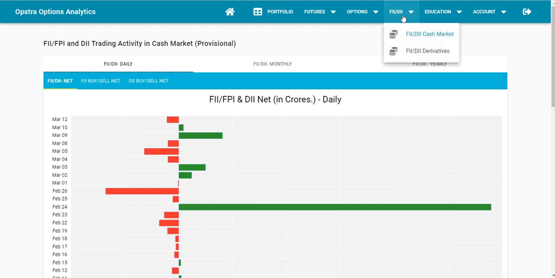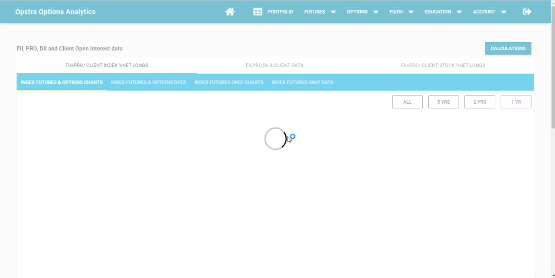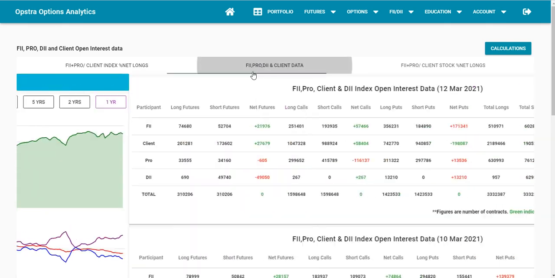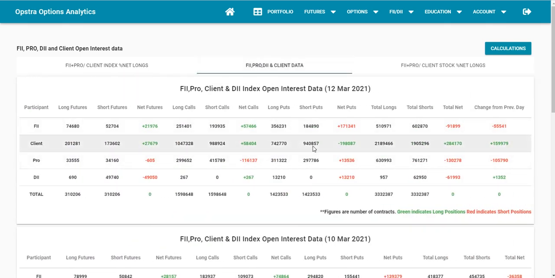I don't have the scope to discuss how the positions are built up for FII and DII with derivatives and how they relate to the cash market, but let us say when they make a position, it's very likely that they will make it first in the derivative segment and then take delivery in the cash segment.